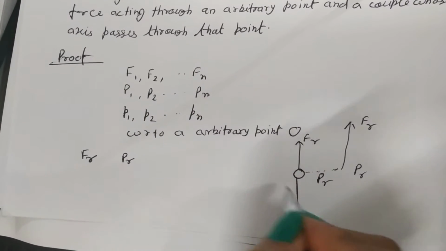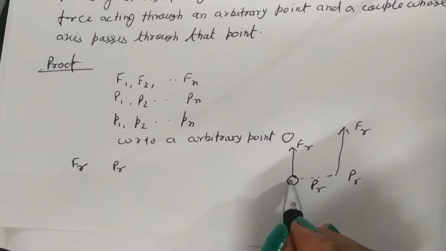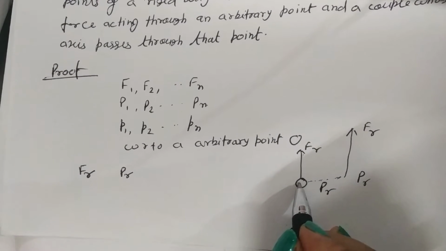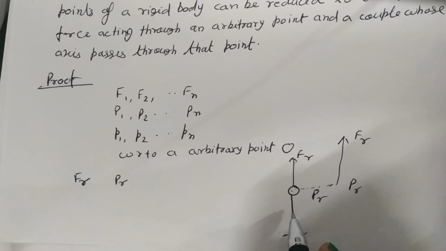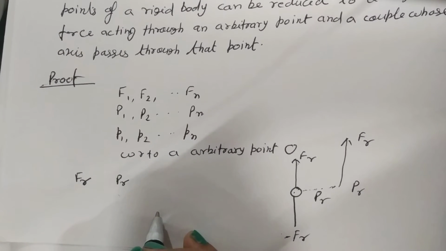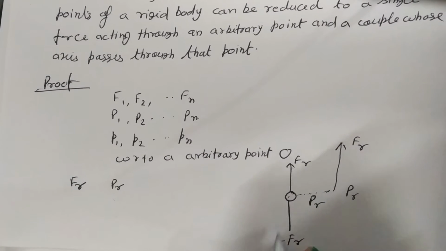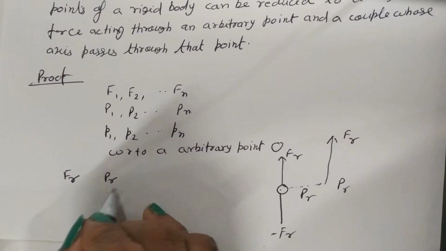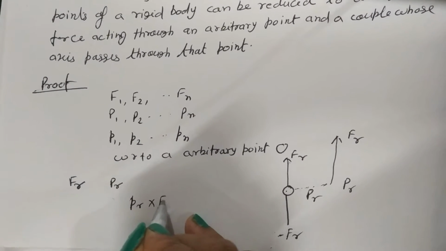Taking two equal and opposite forces FR and minus FR at the point O such that they do not change the effect of the given forces, the force FR at PR is equivalent to the force FR at point O, and then the force FR at PR and minus FR at O form a couple whose moment is PR cross FR.